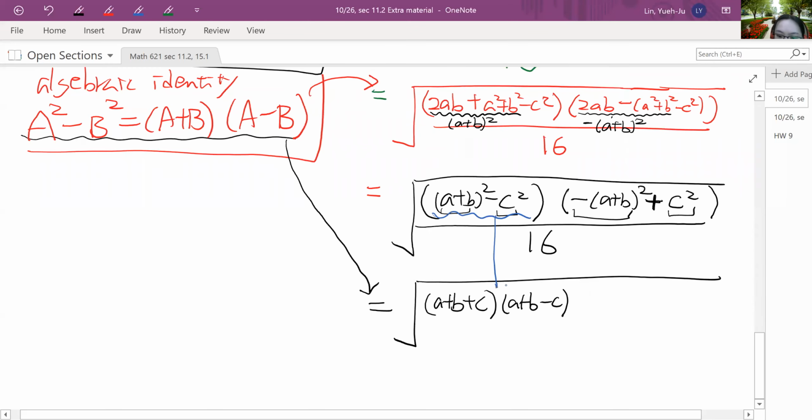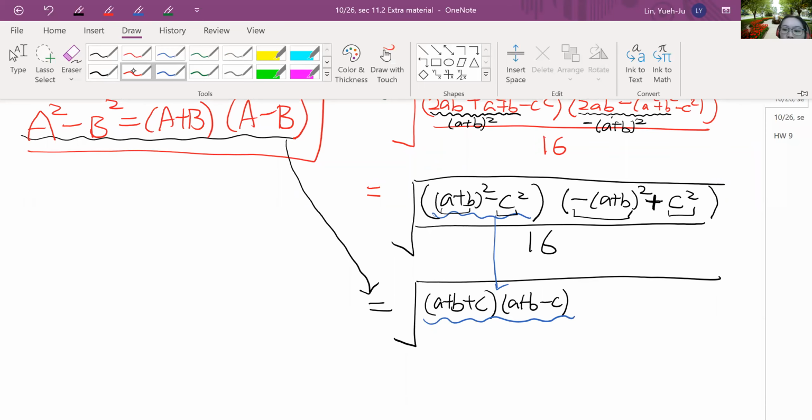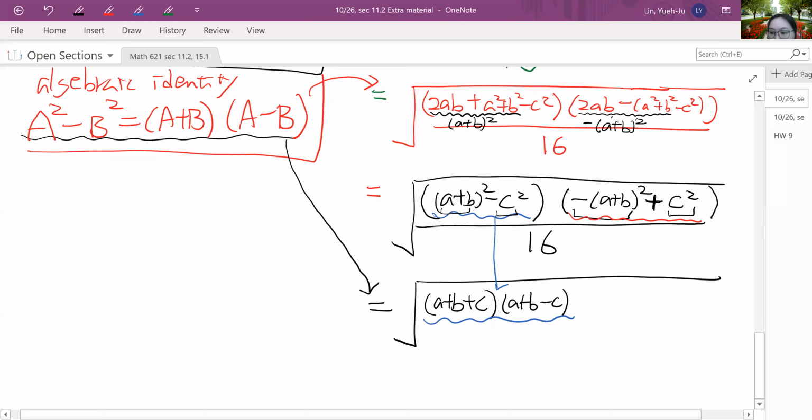And the second one you have the subtraction of the perfect square. So you can break it into c plus a plus b times c minus, did I do something wrong? Actually, sorry, I think this should be minus here, a minus b, sorry.